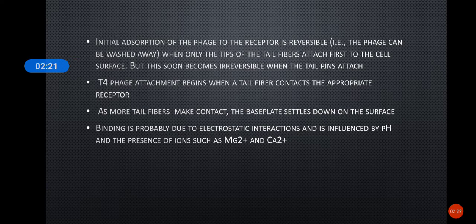When more and more tail fibers make contact with this receptor, the base plate will settle down on the surface of the bacterium, and this binding is due to electrostatic interaction, and it is influenced by pH and the presence of ions such as Mg2+ and Ca2+, that is magnesium and calcium ions.